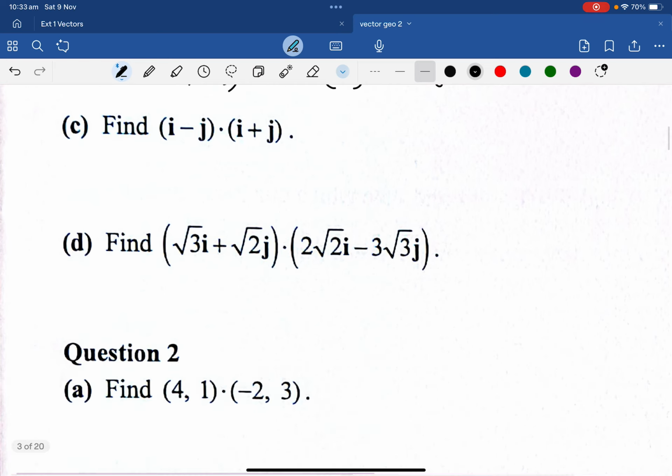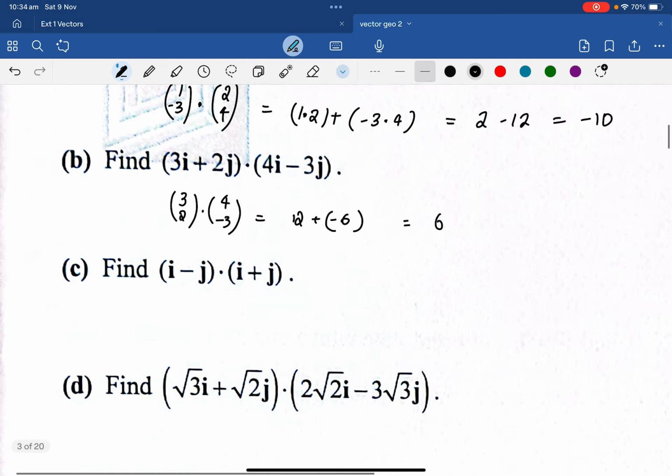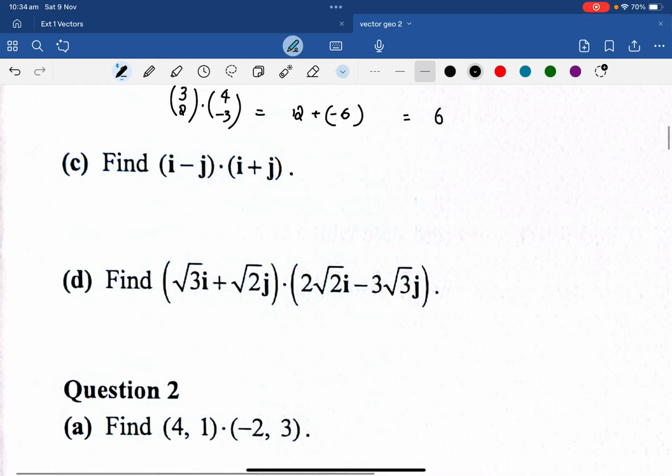What's this? This is just saying when it's i, remember it's 1, 0. Okay, wait. Let's do this again systematically. What's i? i is the top component, right? So it's 1. What's j? j is just saying 0, 1. So 1 minus 1. I'm not sure about this one.